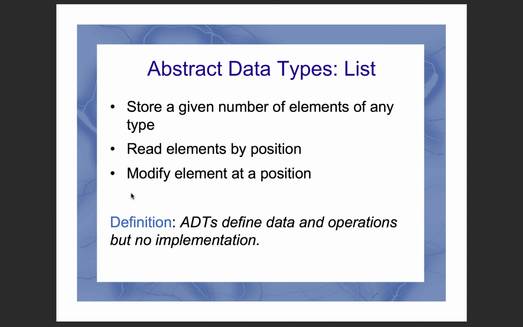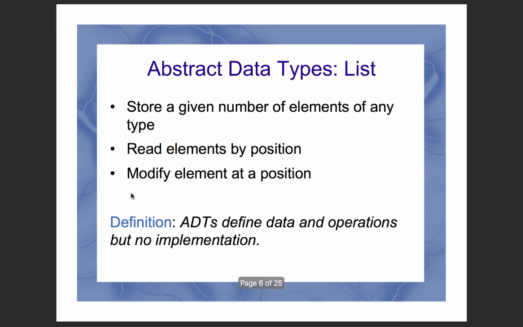When we talk about the abstract data type, we think about what the data is and what the operations are that we have to handle these data structures, but we don't need to know any implementations inside that.